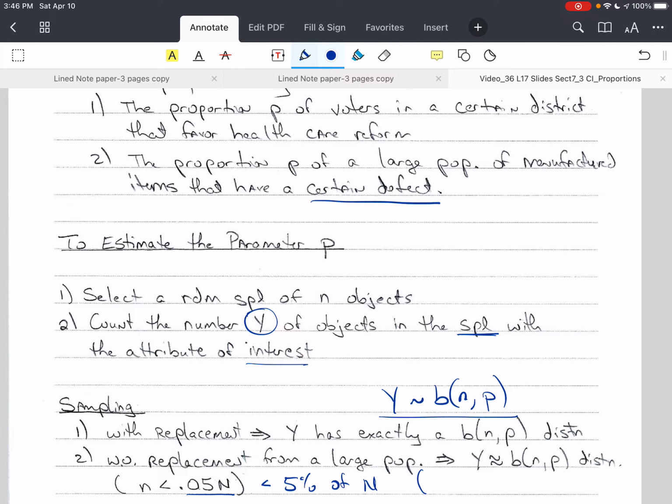This is called the 5% rule. Now, our book, I think, says n is much, much smaller than 0.1 N. Okay, but how much smaller is that? That's not very specific. So one of the rules that I like to use is that the sample size is less than 5% of the population size. Okay, so that is a rule you need to know.